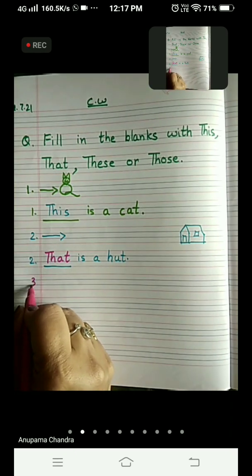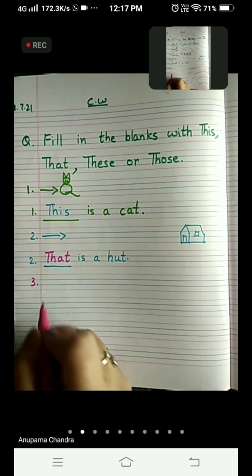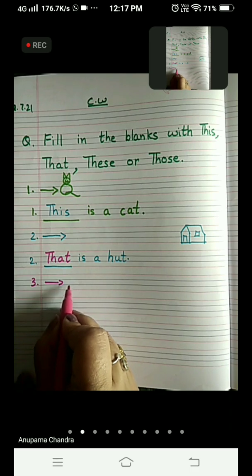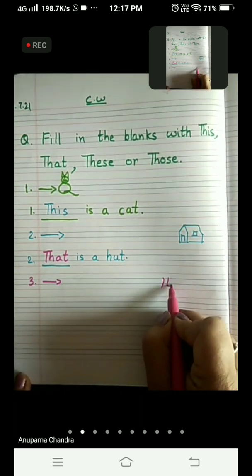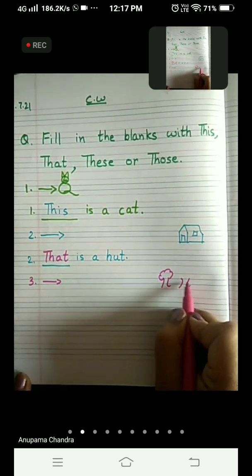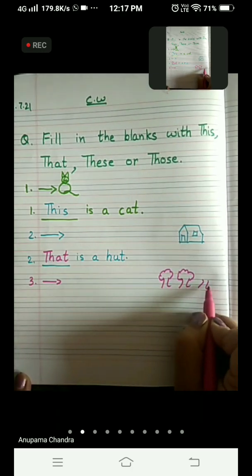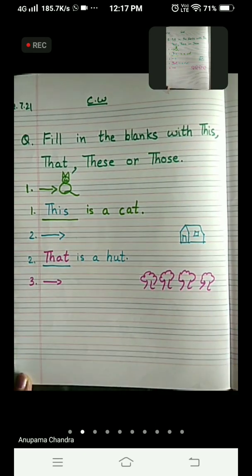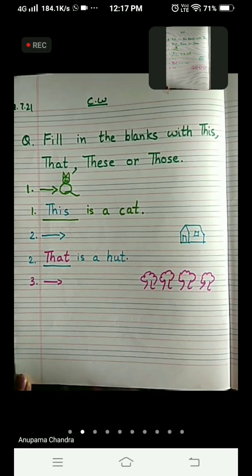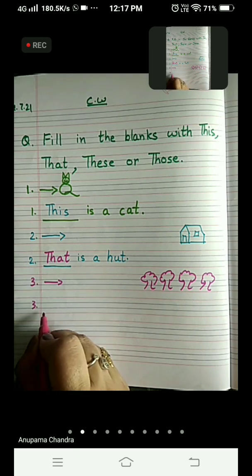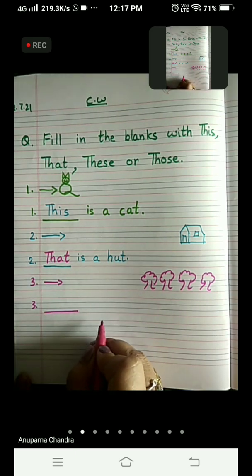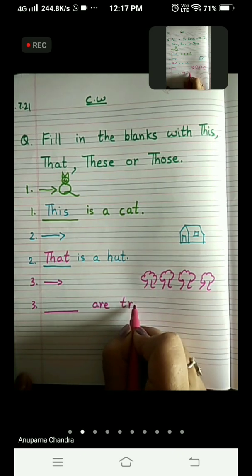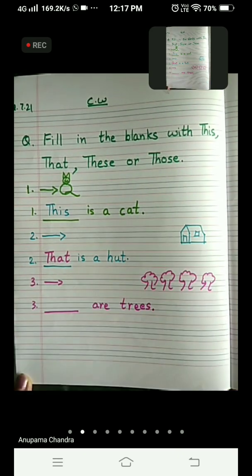Now come to number 3. Make an arrow and far away, you are going to make some trees. 1, 2, 3, 4. 4 trees. And the question is, dash are trees. Trees.